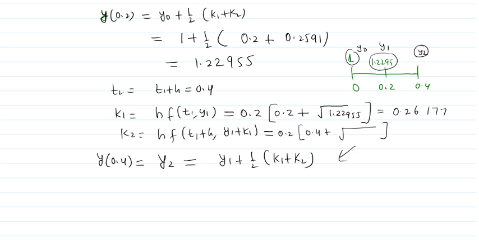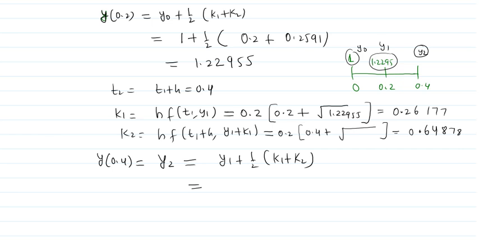So if you add y1 and k1, take the square root, add 0.4, and multiply with 0.2, finally k2 comes out 0.64878, and now fit all values here.